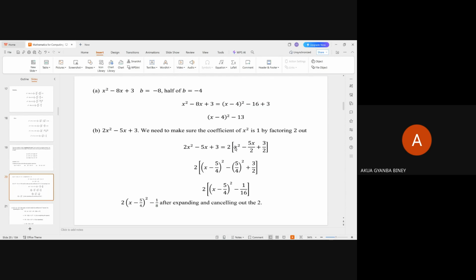This is A, -5/2 is B, 3/2 is C. So when we pick B, for instance, -5/2, if we divide it by 2 again, we get -5/4.